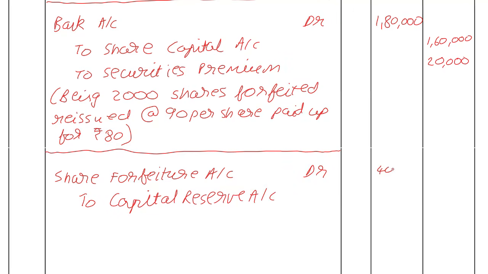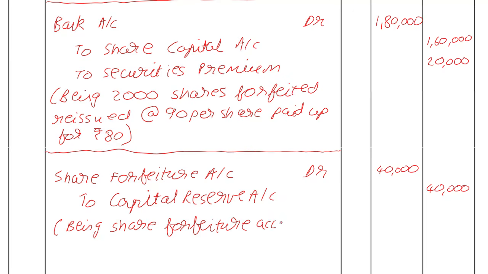Okay, and we have 40,000 over here and 40,000 over here. All right, and it is going to be being share forfeiture account transferred. Okay, not all of it, only for the shares reissued. Transferred to capital reserve.